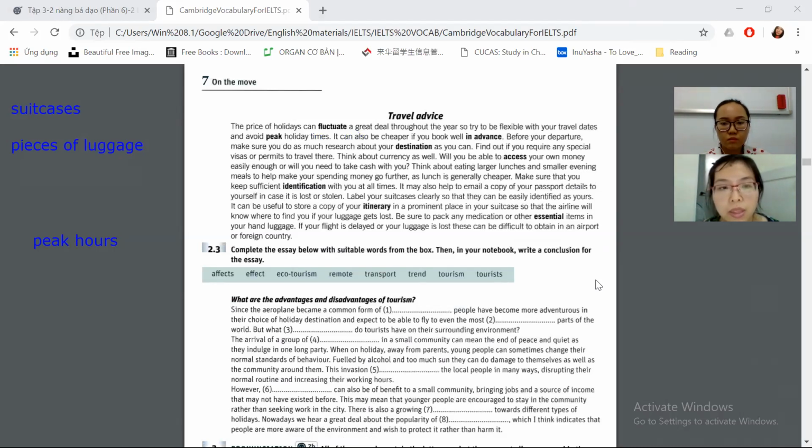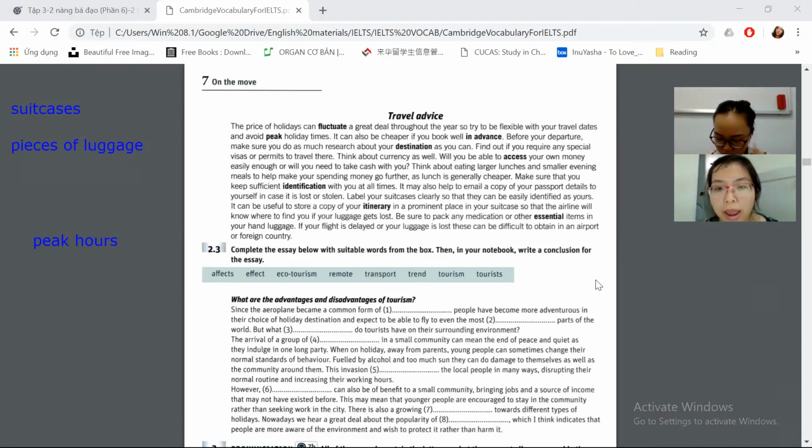It can be useful to store a copy of your itinerary in a prominent place in your suitcase so that the airline will know where to find you if your luggage gets lost.